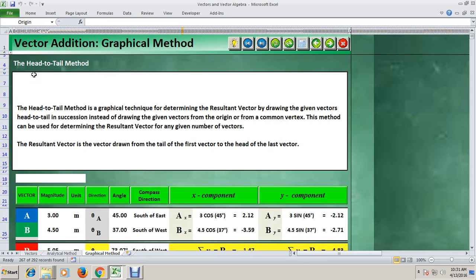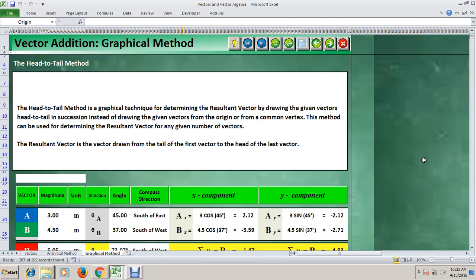Okay, next, the head-to-tail method. The head-to-tail method is a graphical technique for determining the resultant vector by drawing the given vectors head to tail in succession, instead of drawing the given vectors from the origin or from a common vertex.